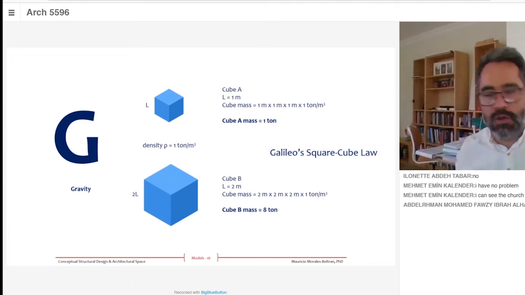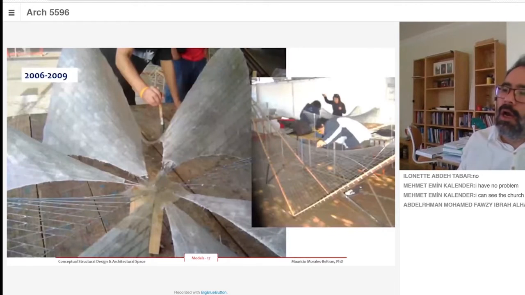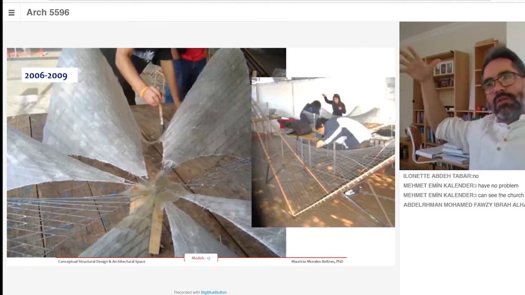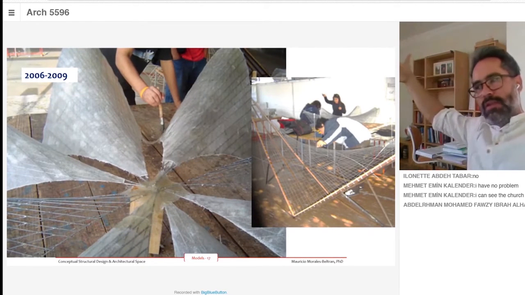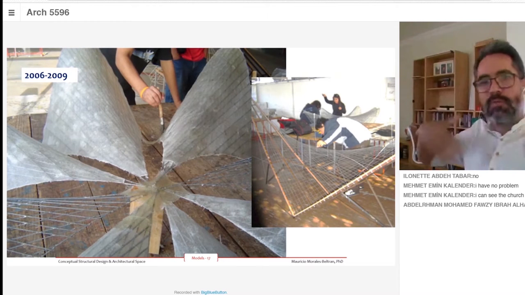And that is very important because when you start making large models, when you start making big things, gravity starts becoming more and more a problem for you. And that was my goal.